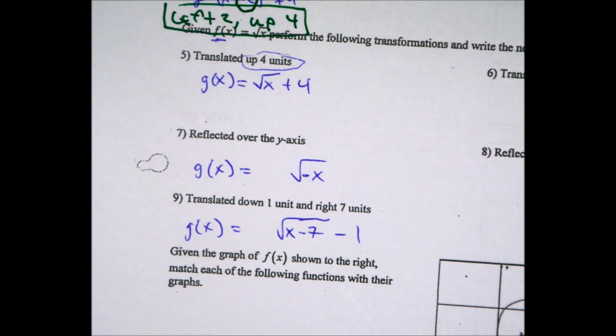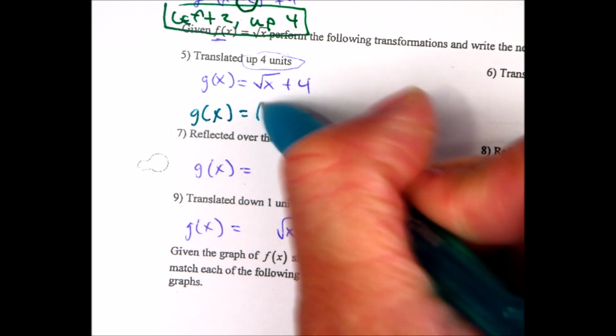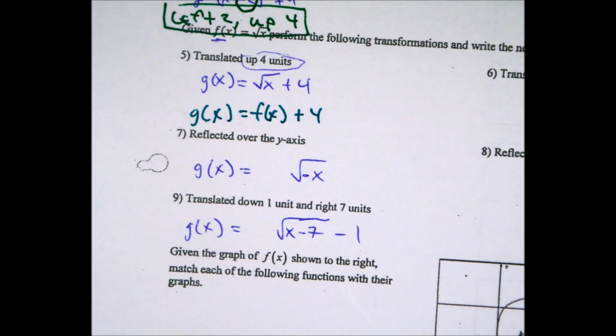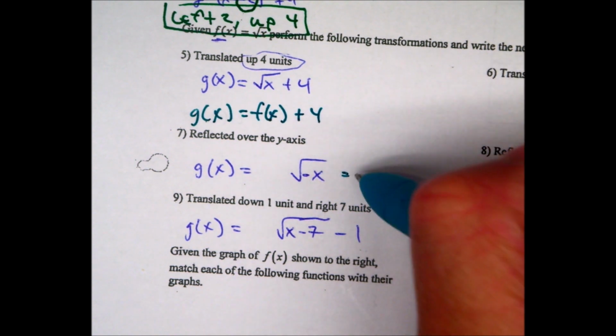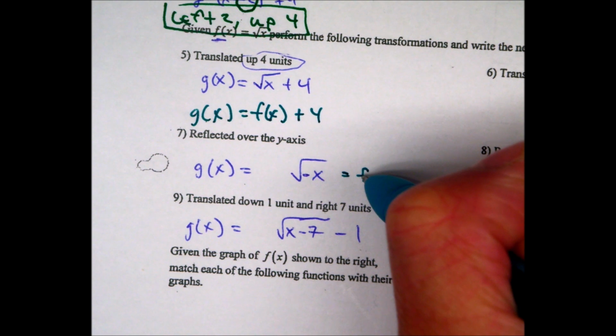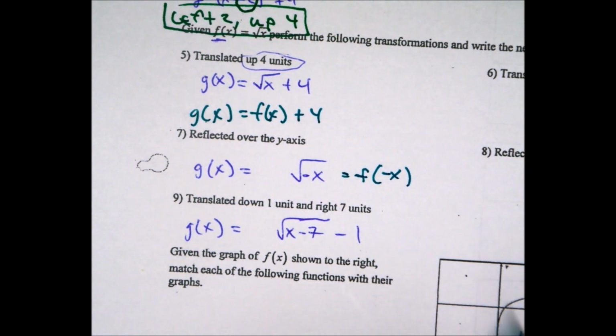So someone asked, can I write the f of x? Totally fine. If you did something like this one, g of x equals f of x plus 4, that would be fine. Or in this one, you can have written f of negative x. Something like that. Okay?